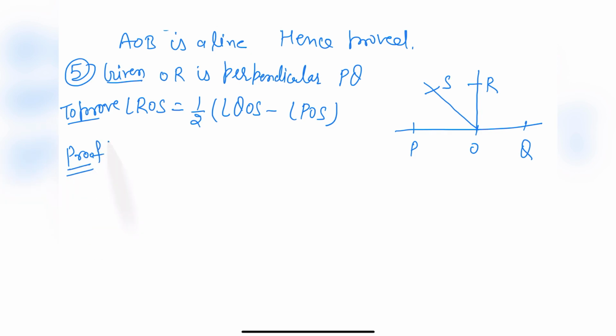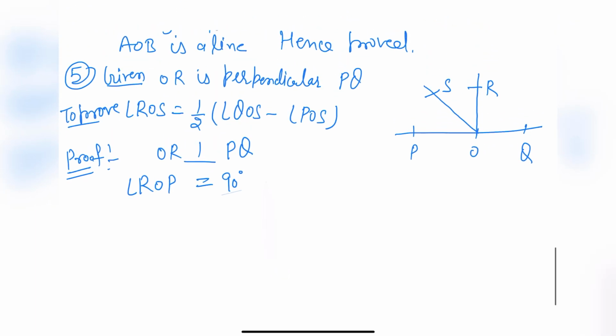How can we prove that? Writing the proof over here: OR is perpendicular on PQ, so it means that angle ROP is equal to 90 degrees. Also angle ROQ is equal to 90 degrees. So both are equal to 90 degrees. It means we can say that angle POR is equal to angle ROQ.